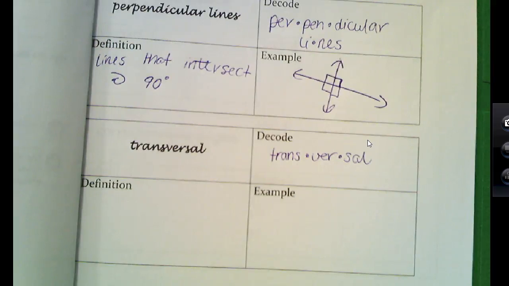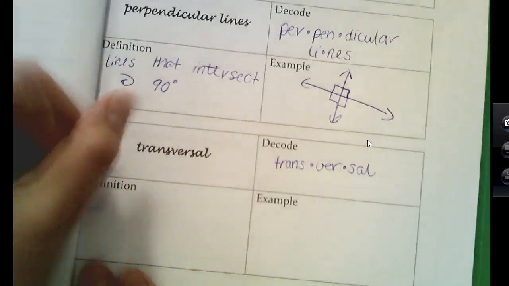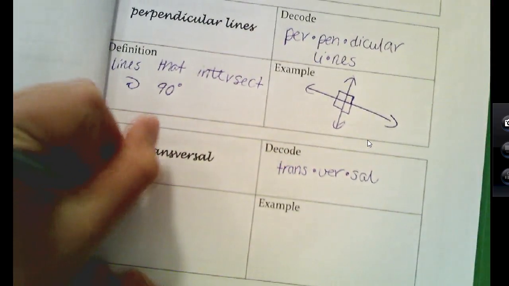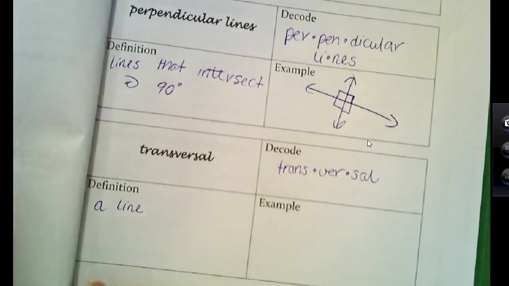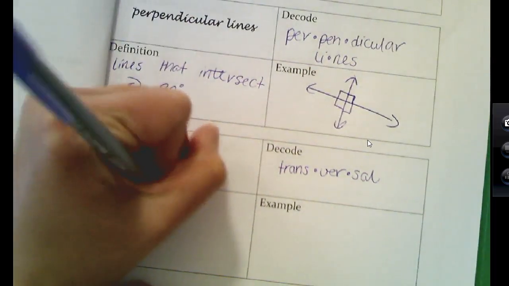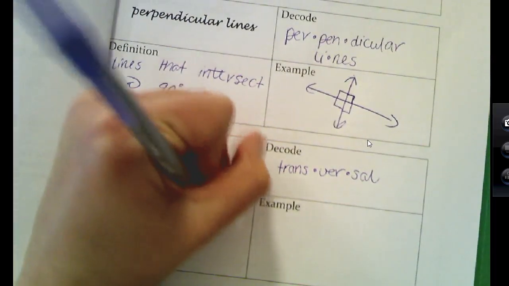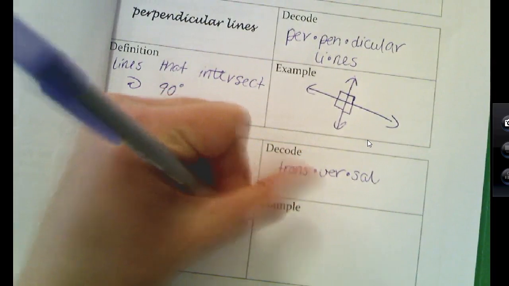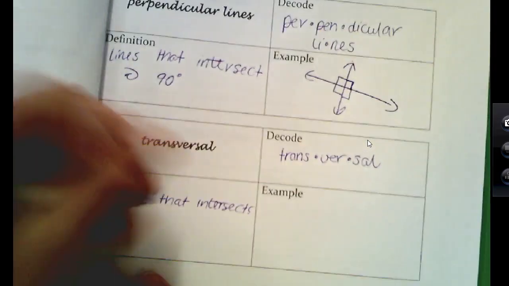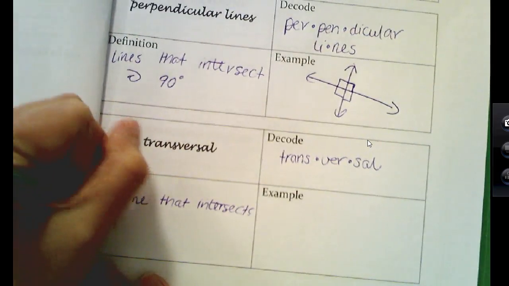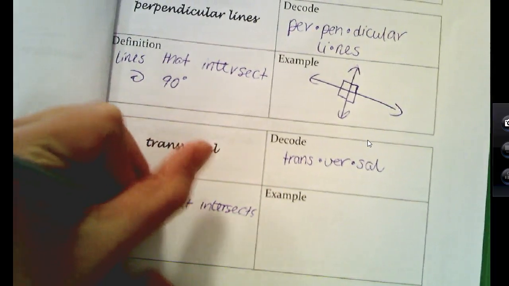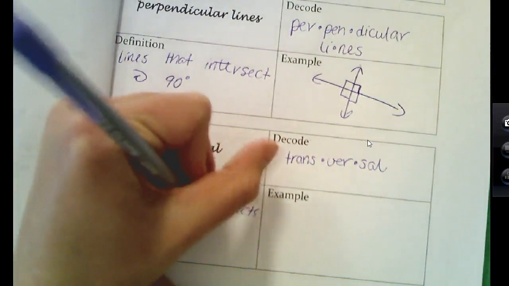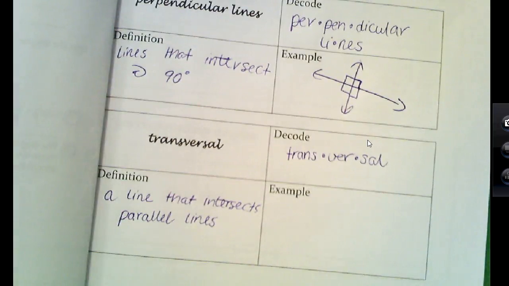What's the word? Transversal. All right, so a transversal is a line that intersects parallel lines. A line that intersects parallel lines.